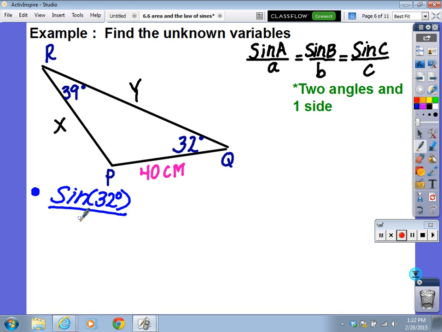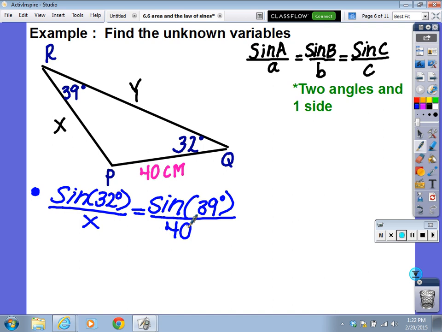F? Oh, F. X, yep, which will be equal to the sine of 39, good, over 4. The sine of 39 degrees, and across from the 39 degrees is 40 centimeters. I'm just going to write 40 on the end, and in my answer I'll add in the centimeters. So over 40. We're just trying to find x, right?